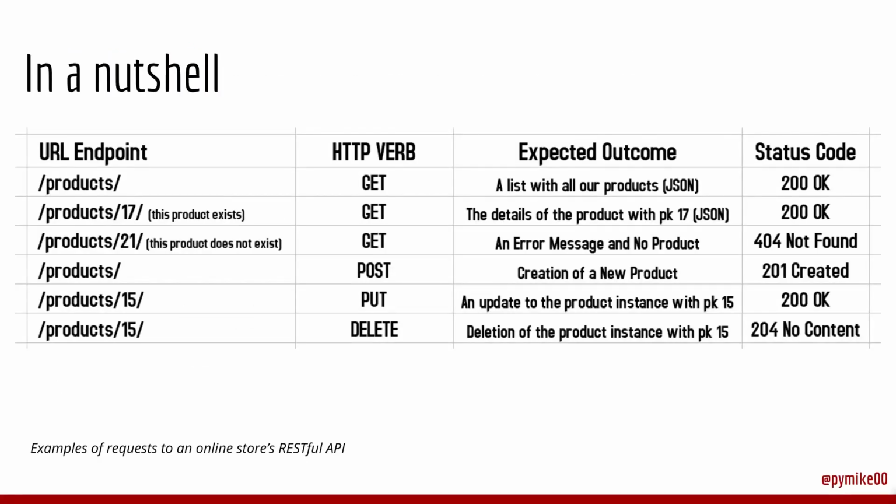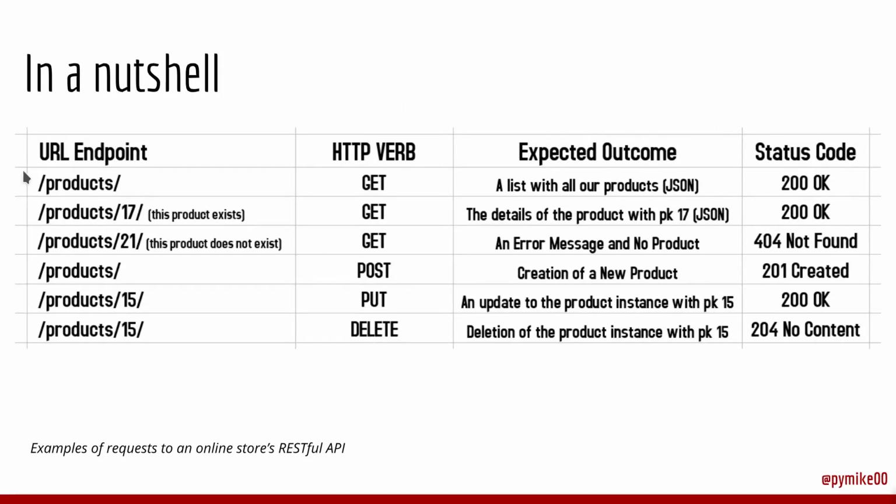So, to wrap it up in a nutshell, let's see a couple of examples of requests to an online store's RESTful API, okay? So, for instance, we might go to /products using the GET HTTP verb, and we might expect to get a list with all our products in a JSON format. In this case, the status code is going to be 200.